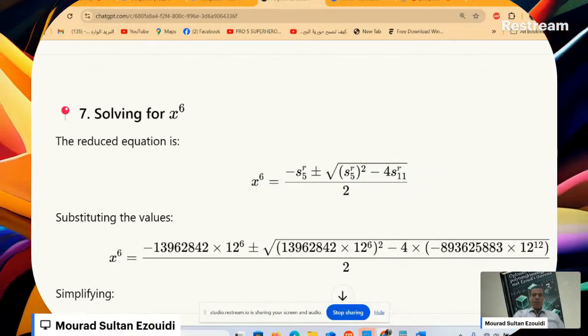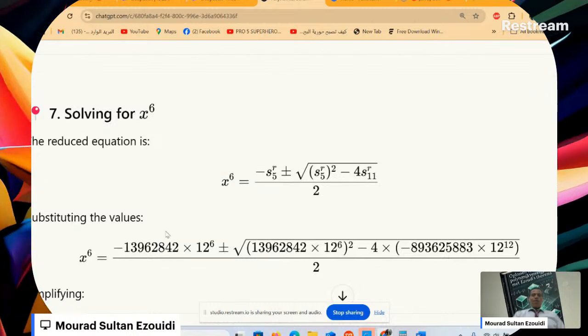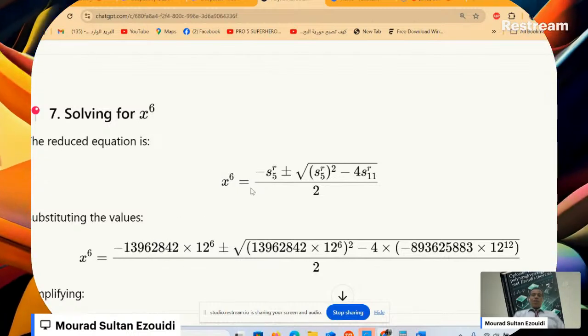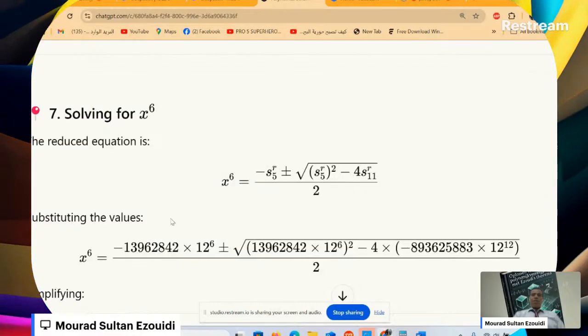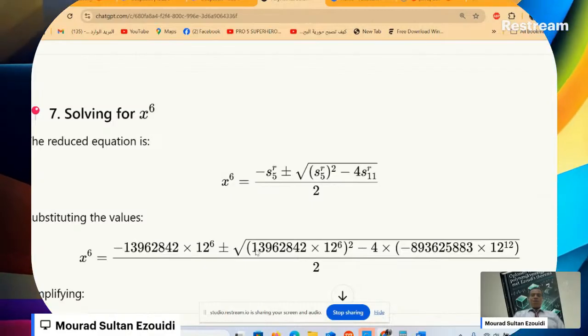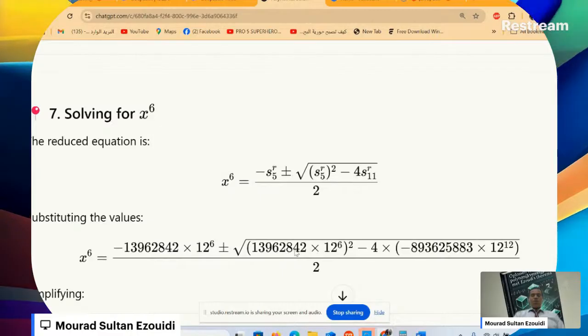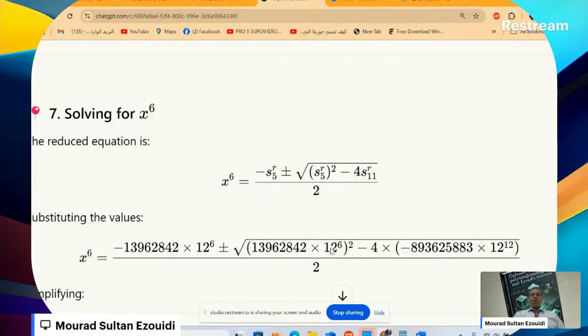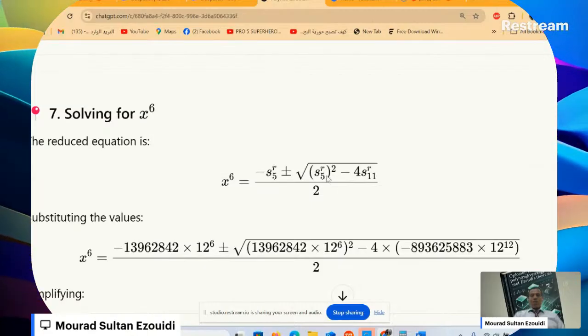Substituting the values, we will obtain the following. So s5 in fact is equal to 13,962,842, but there is a negative sign. That's why it's written here negative. Plus or minus the root of 13,962,842 times 12 raised to the power 6, all squared.